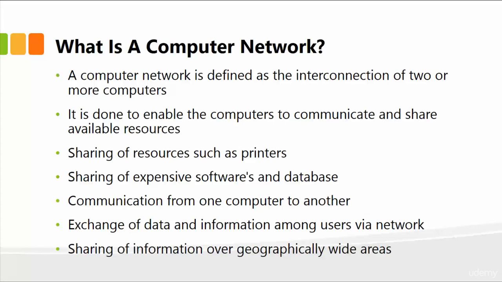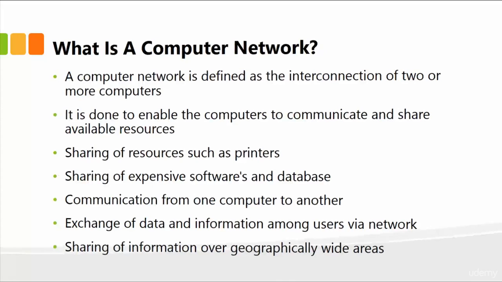Sharing of information over geographically wide areas. So it doesn't really matter where the person is, whether the person resides in New York or San Francisco, from one city to another city, or even from one country to another country. So all of these definitions essentially make up what we call today a computer network.